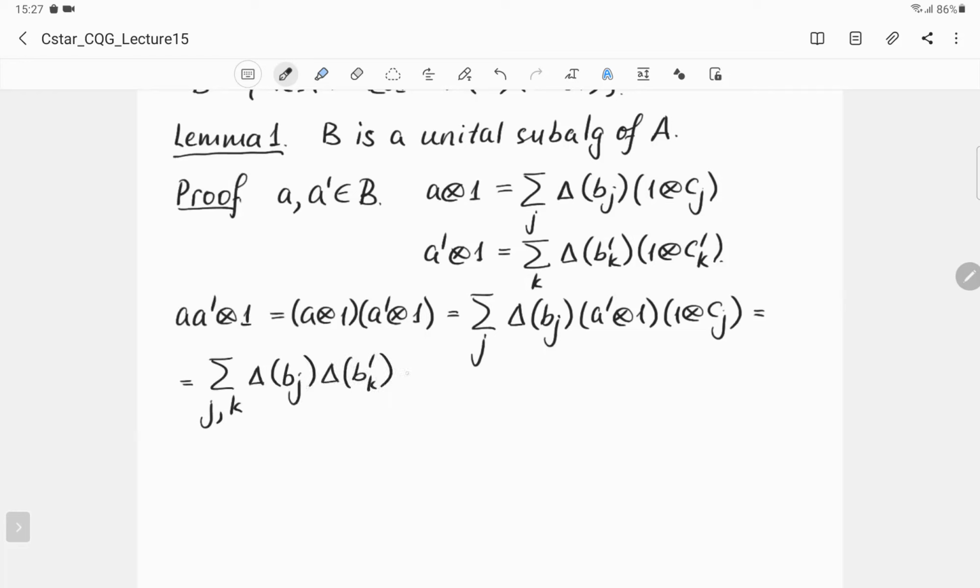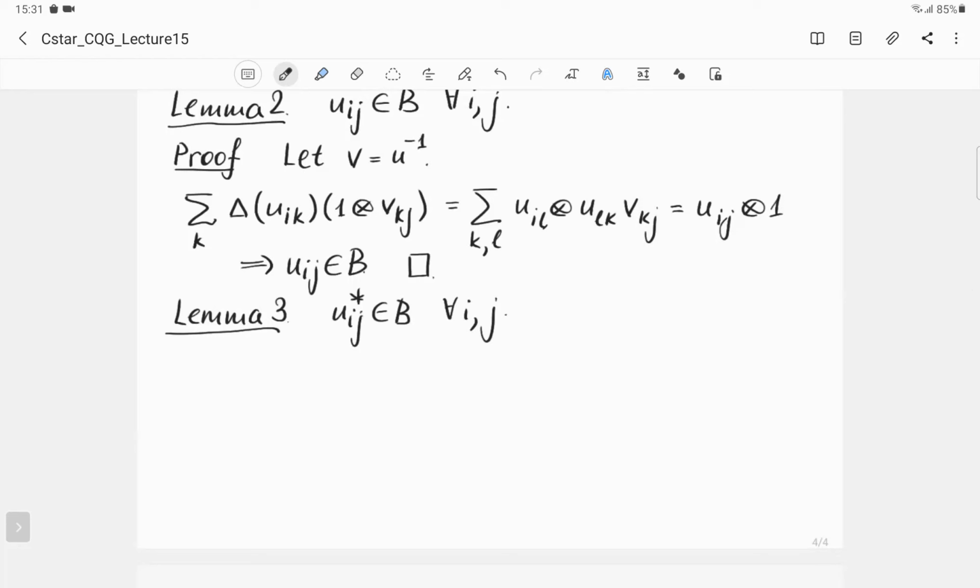Lemma 3: Uij star sits in B for each i and j. The proof is similar to lemma 2. We just use the assumption that the matrix U transpose, or equivalently the matrix U bar, is invertible.